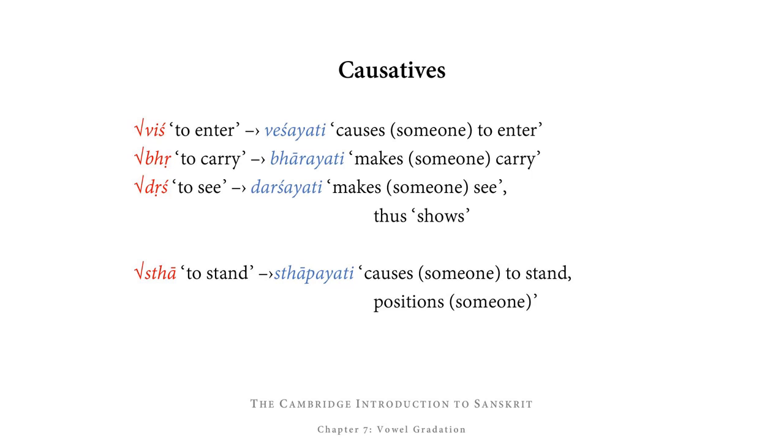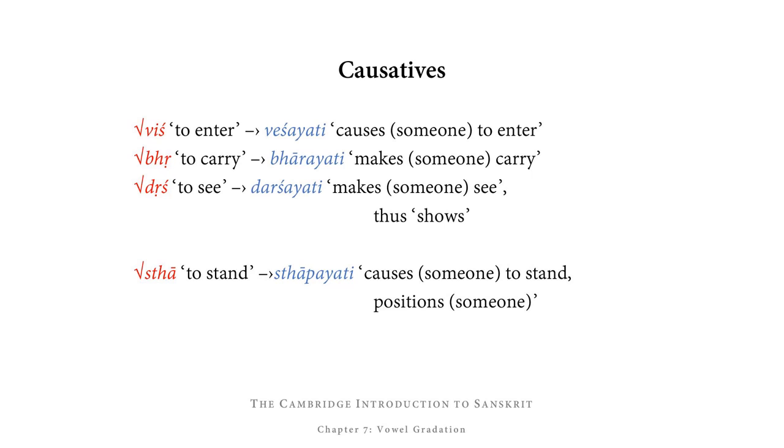And in drish, we go to darsh, so again just into guna to create a heavy syllable to give us darshayati. And then after we have strengthened the root syllables enough that they give us a long or heavy syllable, we then again add aya, and then we add our normal endings. So I'd have veshayami, veshayasi, veshayati, and so on.